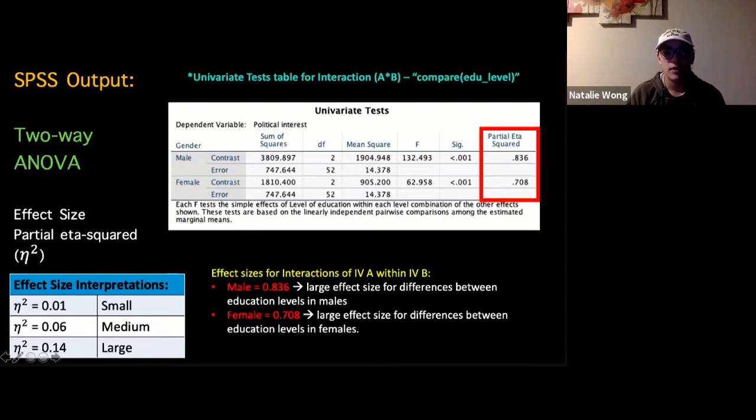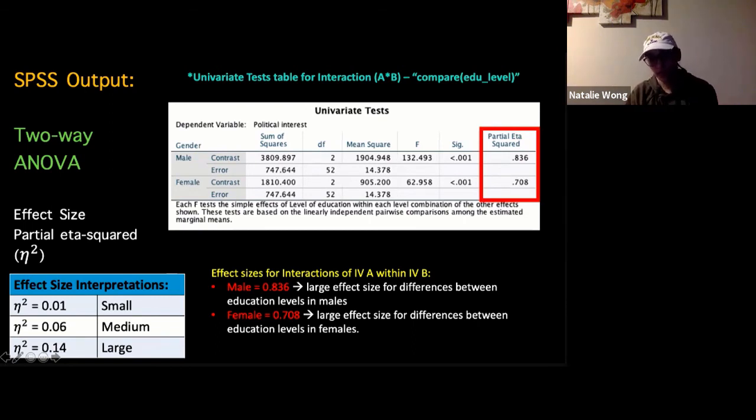So that means we had a large effect size for differences between education levels in males. Because this came from when we were comparing education levels within each gender. Similarly, for females, also a large effect size based on the value, right? And we could say there was a large effect size for differences between education levels in females.